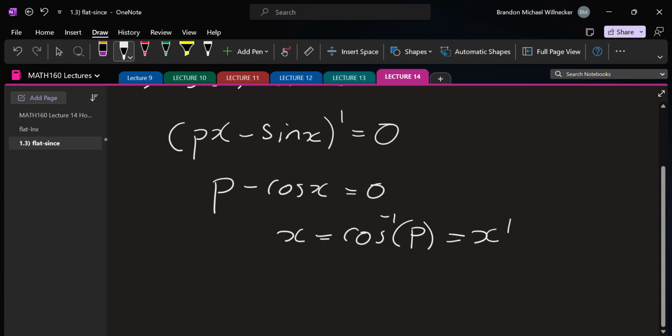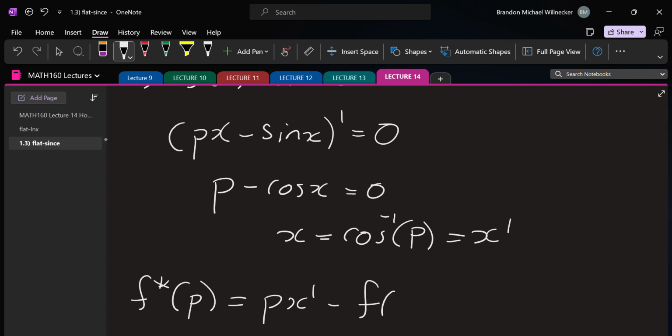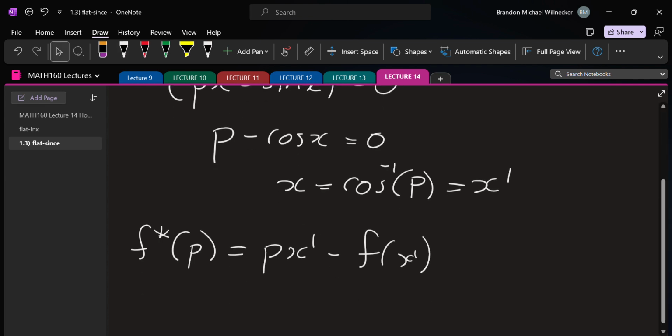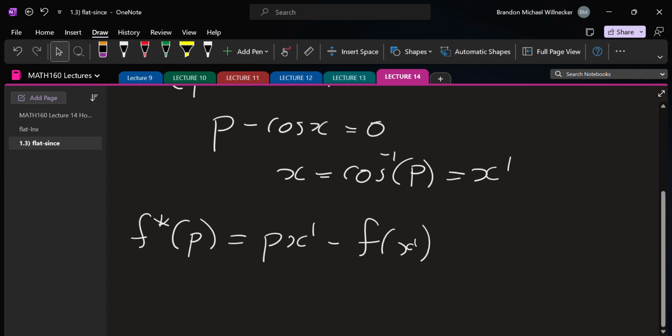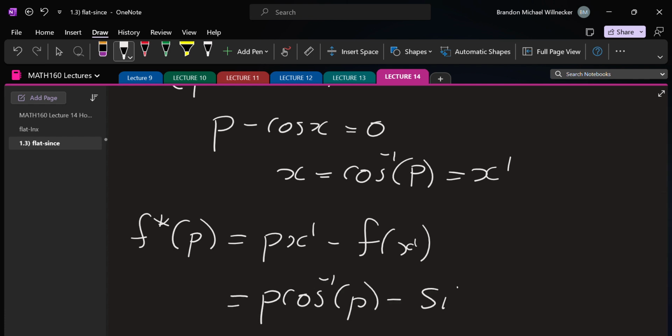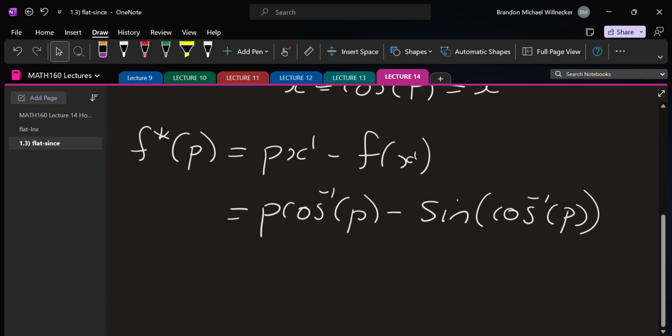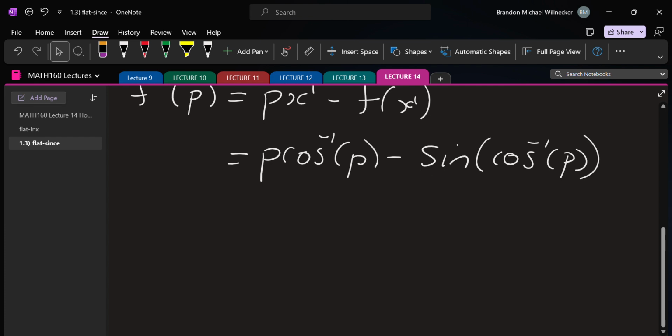Once we've got the x prime, we substitute and we get our f star. So f star of p, that's going to be px prime minus f of x prime. Remember x prime, we just found that there. So that's going to be p cos inverse of p minus sine of cos inverse of p.